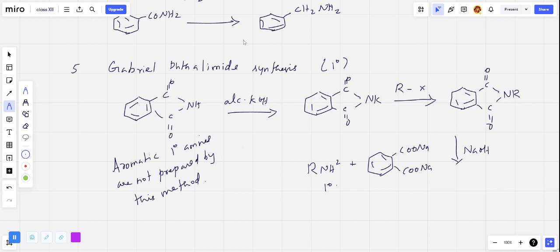For that, we would need to take aryl halide instead of alkyl halide. So that is why it is not a method for preparing aromatic primary amines. This is best for preparing aliphatic primary amines.